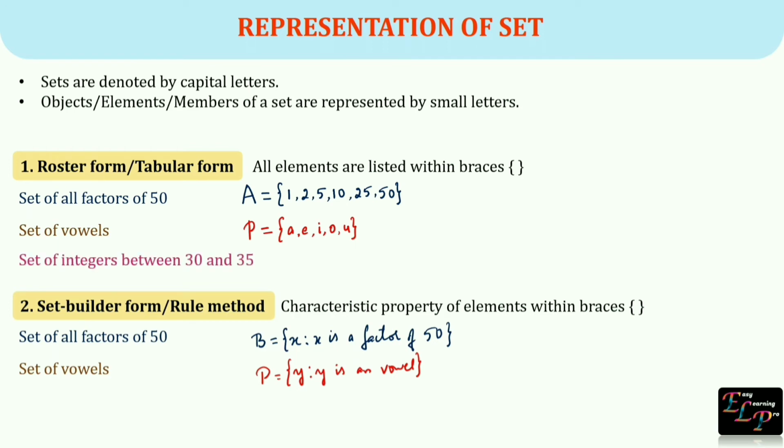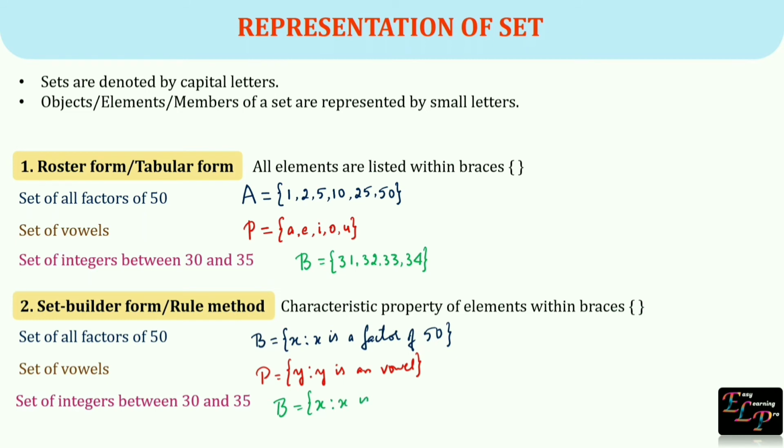Consider one more example. Set of integers between 30 and 35. Name of set and all the elements of set: 31, 32, 33, 34. These are the integers between 30 and 35. In set builder form, consider any small letter followed by colon.